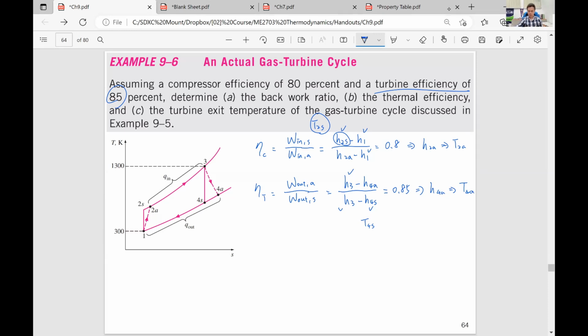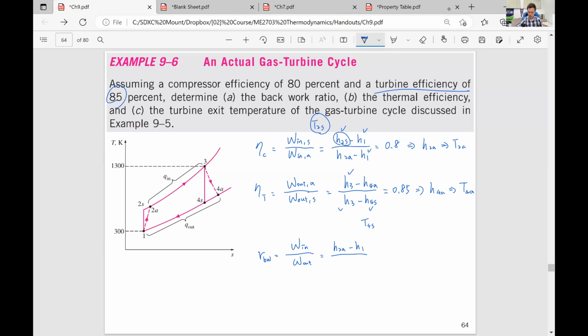Then the back work ratio, just follow the definition. The back work ratio is the compressor input over the turbine output. The compressor input is H2A minus H1.